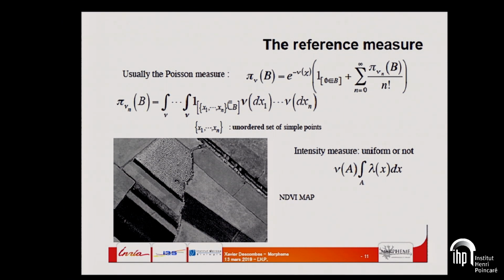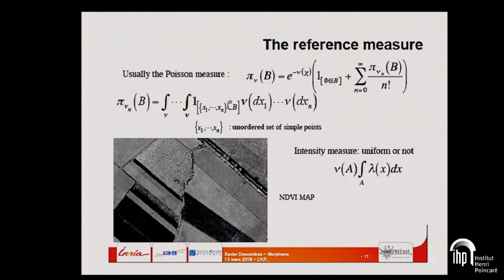In the case of marked point processes, the usual reference measure is a Poisson measure. The Poisson measure is basically a non-informative measure, so you can control the density of points, but these points are independent and uniformly distributed within your space. So okay, you can forget about this, and later, if you don't want to do mathematics, only define your density.